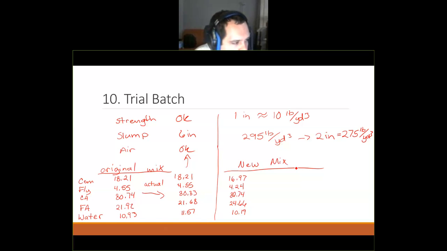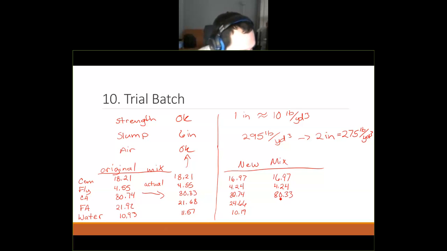All right, now we will do the same set of corrections as we did with the previous one. So this is now going to, well, it's still going to be 16.97. This is still going to be 4.24. Okay. Our coarse aggregate goes to 80.33.